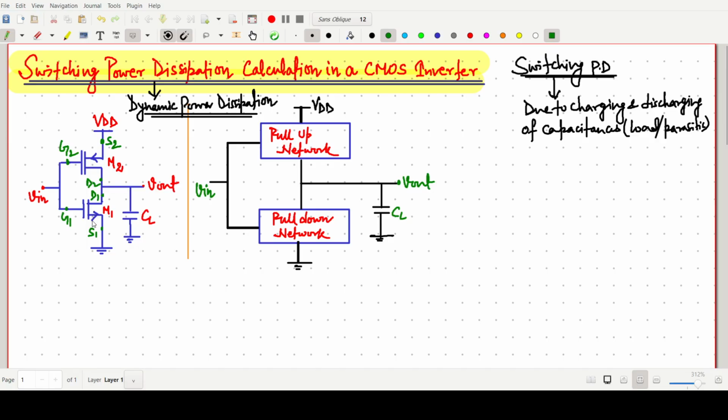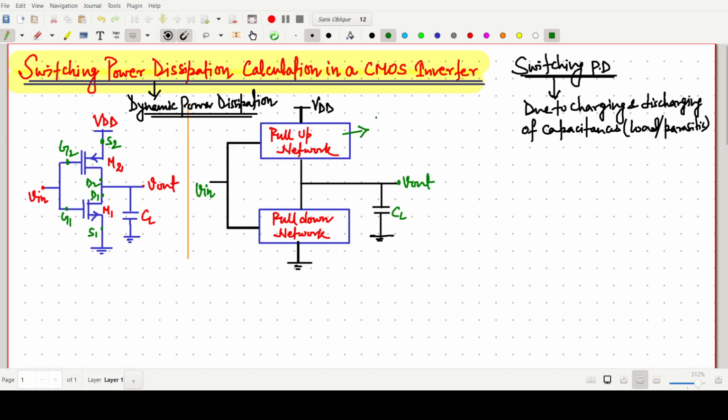The arrow symbol will always give the source 1. Both the gates are connected through a common input, V in, and we take the output across the drains of M1 and M2, and CL. Very simple. This is CL, the load.